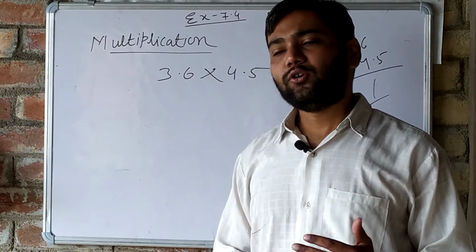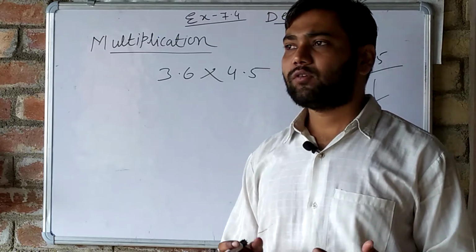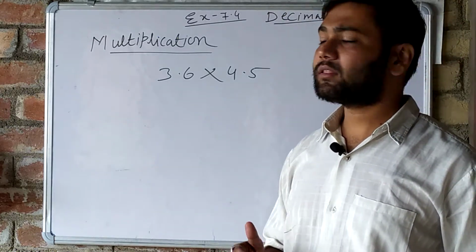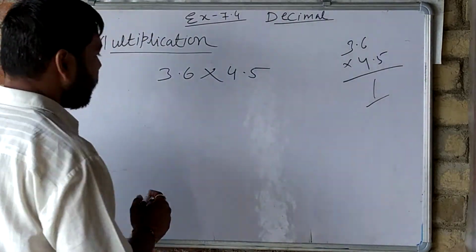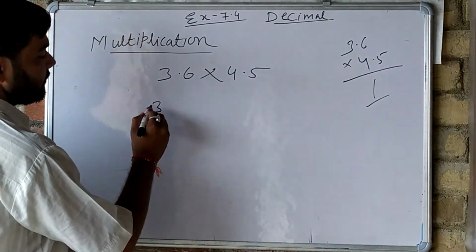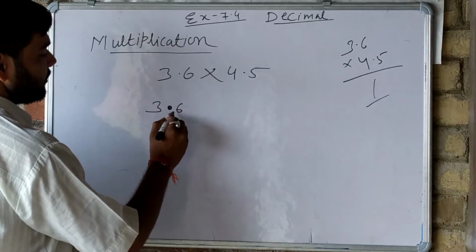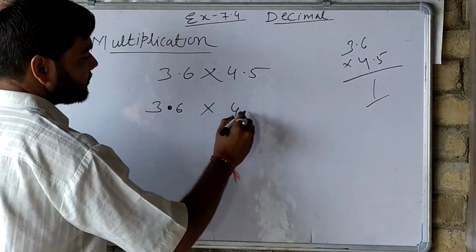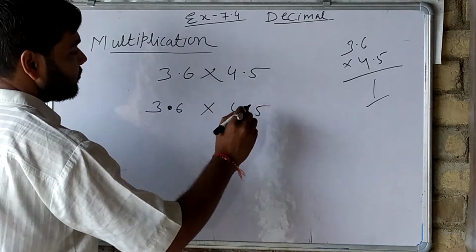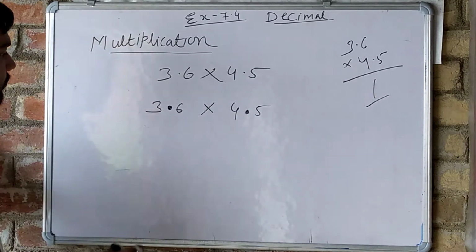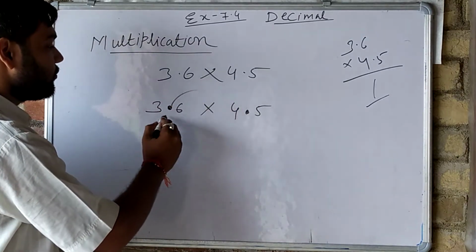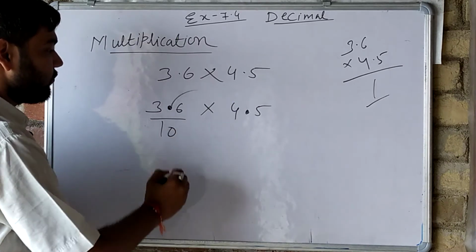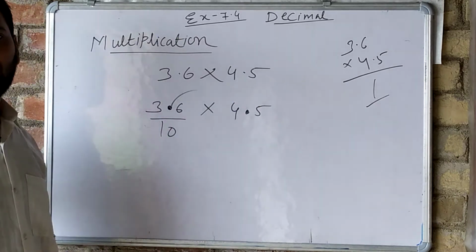So we will use the way by which we can make the sum easier, and that is how. We will remove the decimal from the question. We all know how to remove a decimal. We will remove the decimal and place a 10 in the denominator, because it is shifting one place.